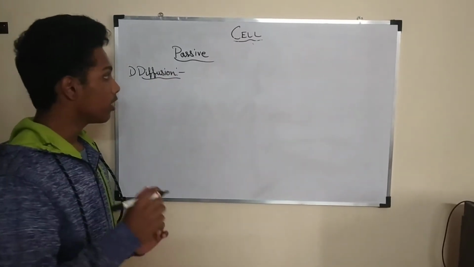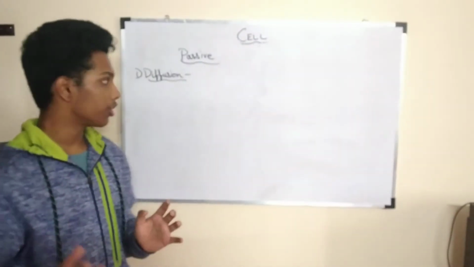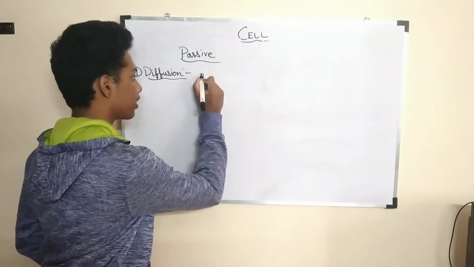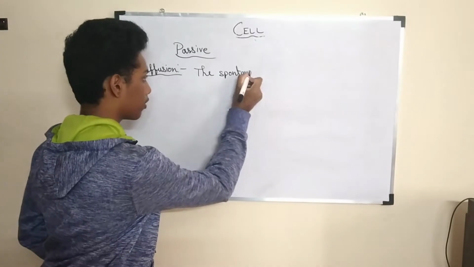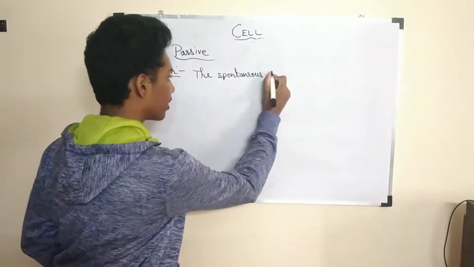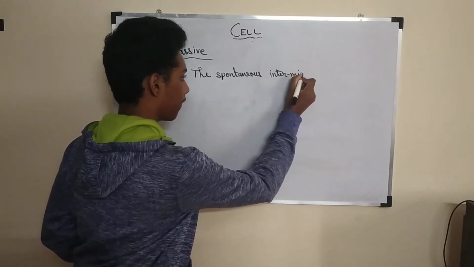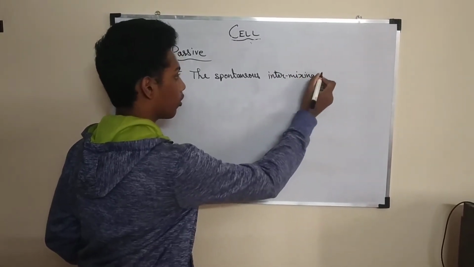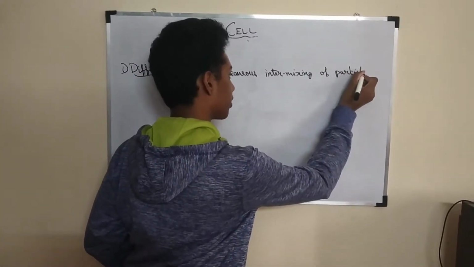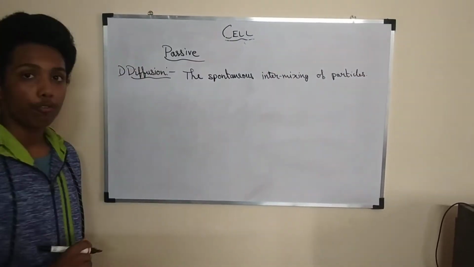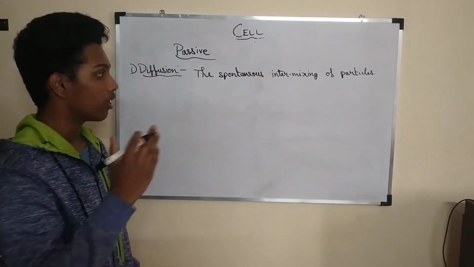Diffusion is the movement of particles from a higher concentration area to a lower concentration area, or you can write the definition as the spontaneous intermixing of particles.